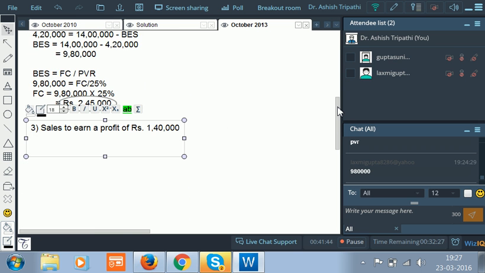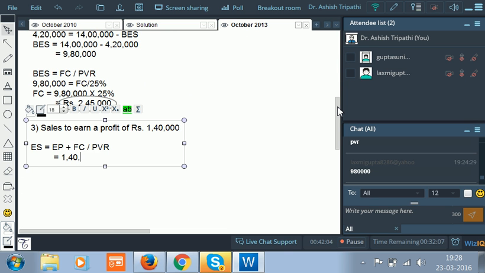I think it's 1,40,000. Yeah, it's 1,40,000. Now this is the heading. Now again we'll have to apply the formula of expected sales. Expected sales is equal to expected profit plus fixed cost upon PV ratio.